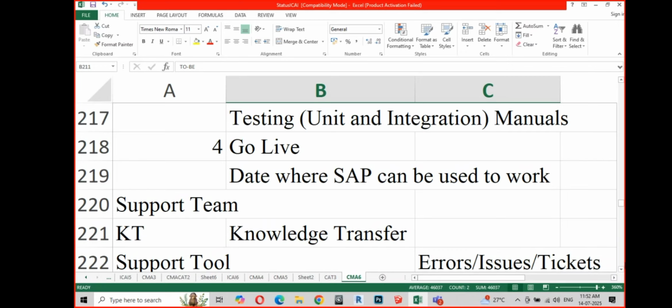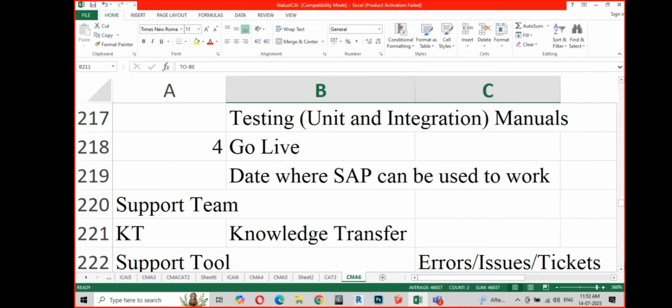How does this happen? The implementing company identifies a set of consultants who can take up the role of the support consultants. After identifying them, we tell them all about the system, how the system was configured, so that they understand the whole of the SAP system. And this is called knowledge transfer, KT.